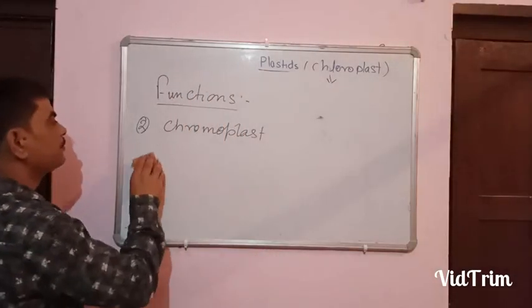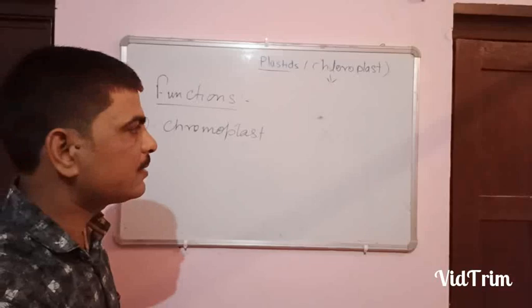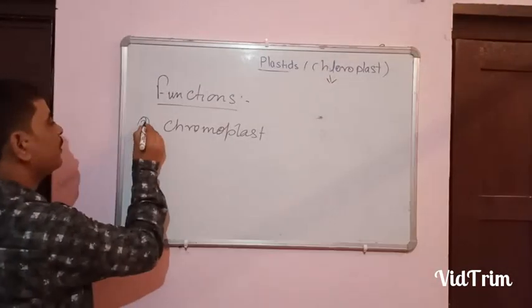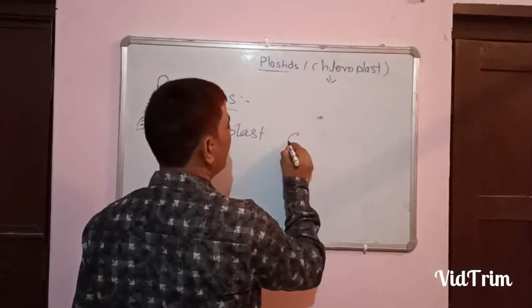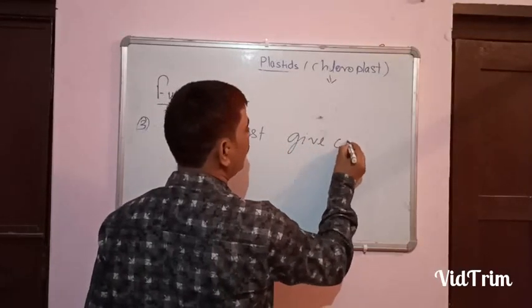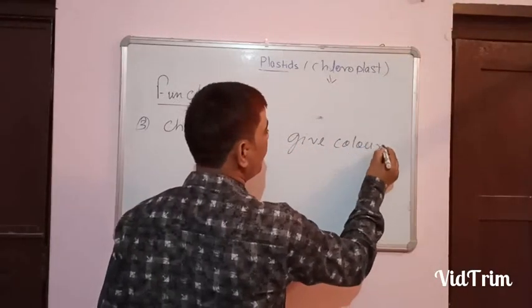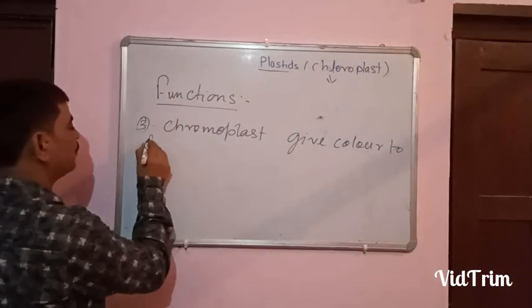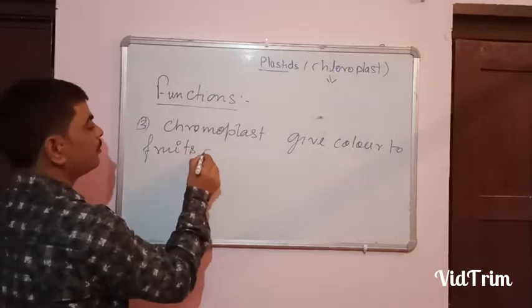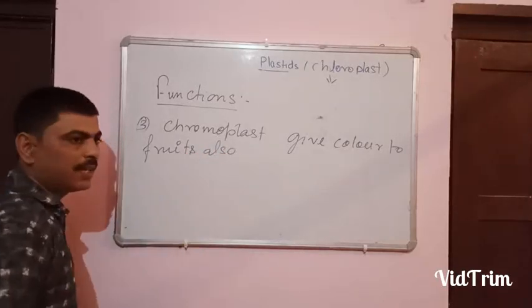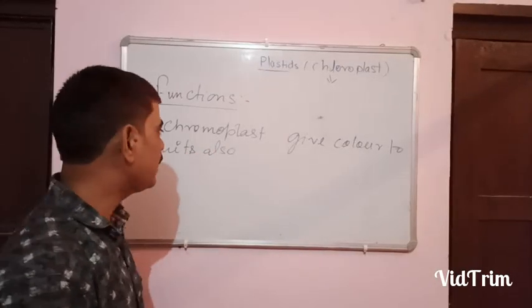Now the chromoplast gives color to fruits also. Have you seen the tomato? It is red in color. Mango, yellow in color.